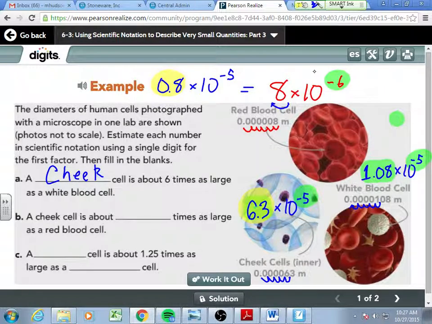So now we can essentially say 0.8 times what will get us to 63, or about 6.4? If I have 0.8 compared to 6.3, think about it as 8 to 63. So 8 times 8, right? 64. Since they said estimate, it's pretty much 8 times as big.